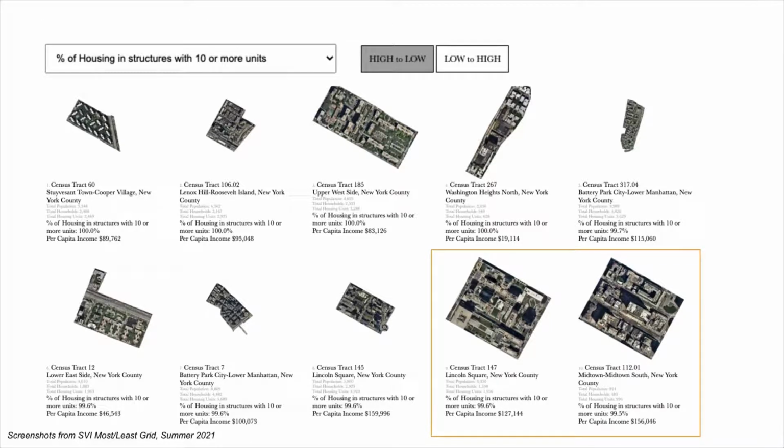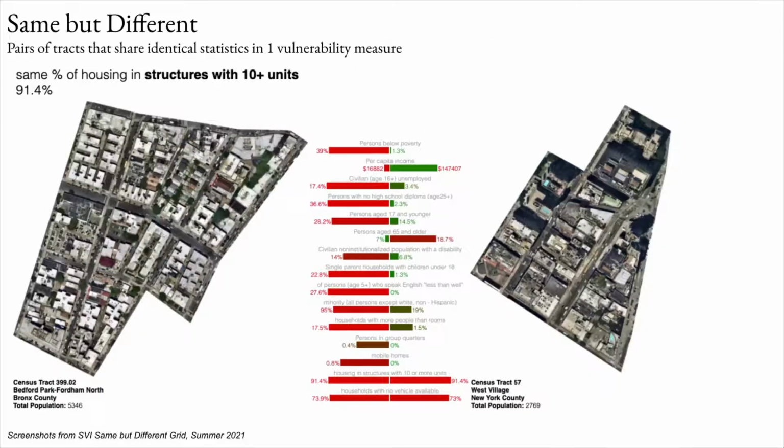To get a basic understanding of these and to display them more easily, we built a simple interface that lists the tracts in order for a particular criteria, by adding a drop-down for each indicator and also 2 buttons to sort the order. In looking at this, it struck us that an interesting connection can be made between tracts that share a particular characteristic but are very different in other respects. So we followed up this interface with a second set of images called Same But Different.